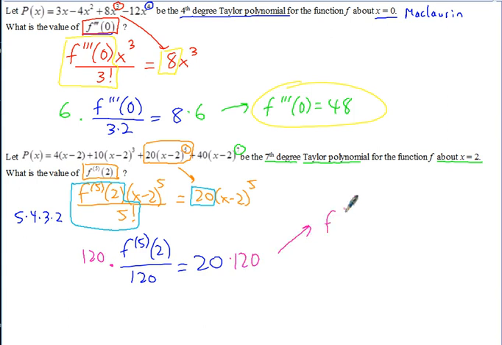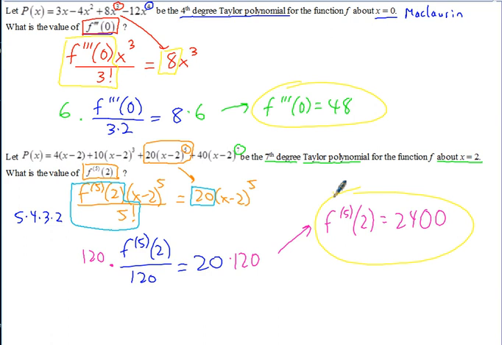So the 5th derivative at 2 would have to equal 12 times 2 is 24, and then add the 2 zeros. So it'd have to equal 2,400 in order for it to give you 20 there. So those are focusing on one specific term of the Taylor polynomial.